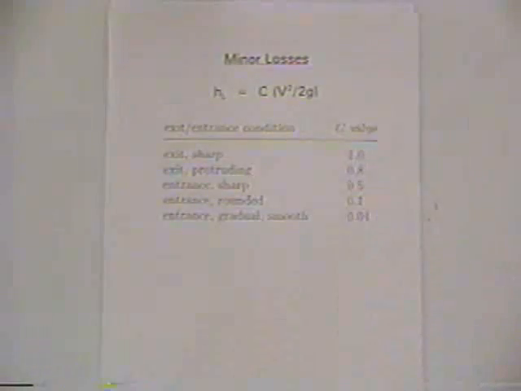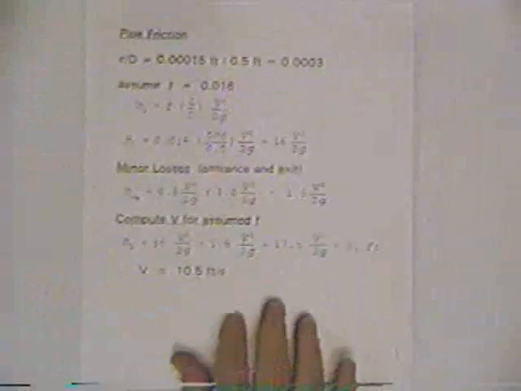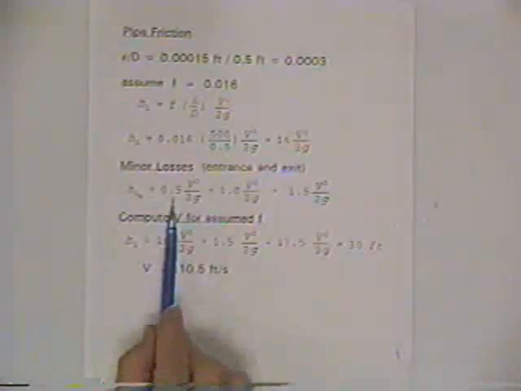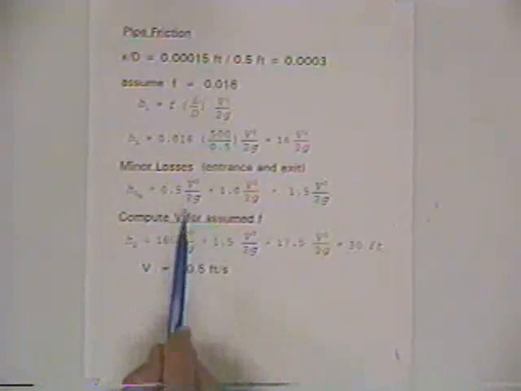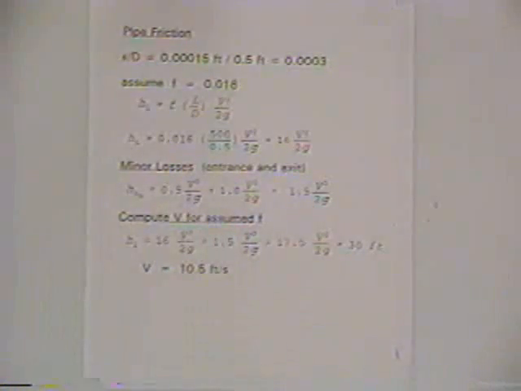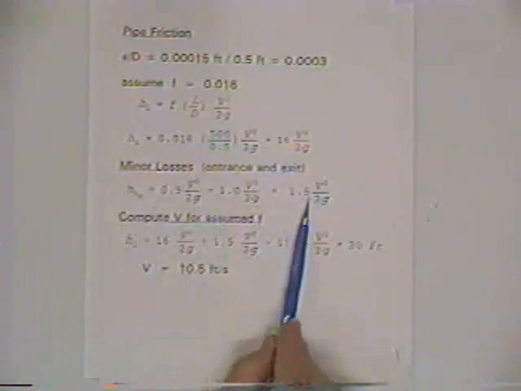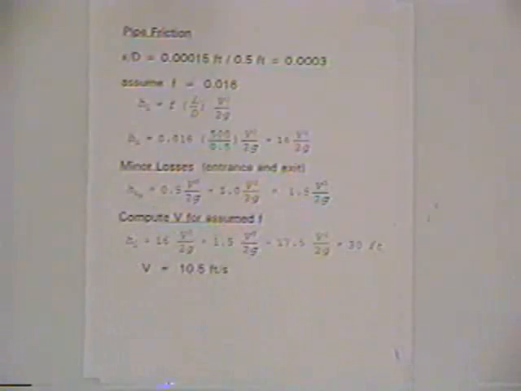Basically, what this is saying is that when you exit, whatever velocity you've got in the pipe, you're losing all of it as it dissipates into the static pool of water in the reservoir. And so the entrance loss is 0.5 times velocity head, the exit loss is 1 times velocity head, and so the minor losses are 1.5 times velocity head.